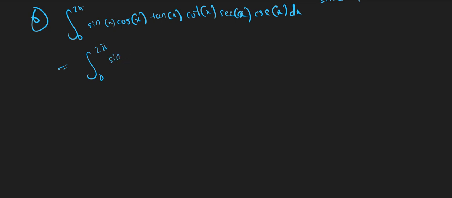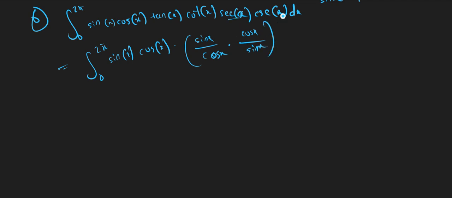So let's say we have sine of x, we have cosine of x, then this will be times tan of x, which is sine of x over cosine of x, and then cotangent is just cosine of x over sine of x. Then secant will be 1 over cosine of x, times 1 over sine of x for cosecant, dx.